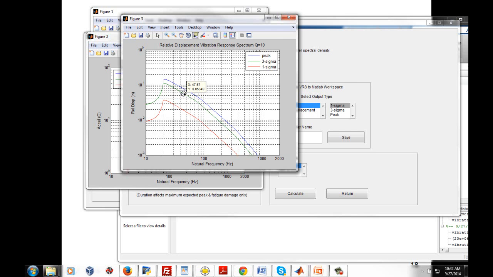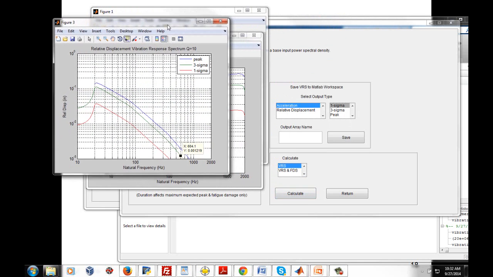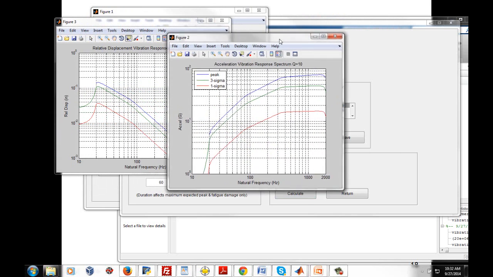So if our sole concern is relative displacement, we want that circuit board natural frequency to be as high as possible, given Q is equal to 10 and given the NavMat base input. But there's always more to the story.